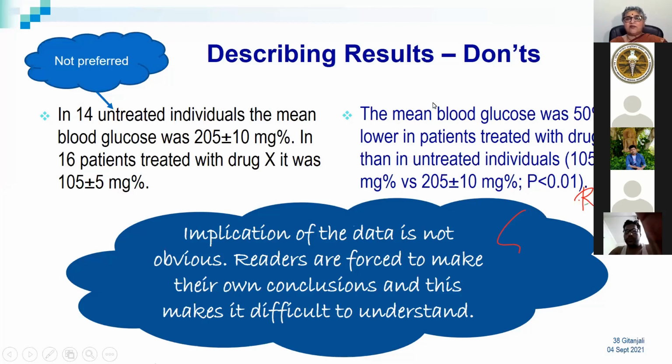Here it is very clear. When you give the patient drug X, the blood glucose falls by 50%. So this is why when you are writing a result, you must try to interpret, you must try to give the implication of the data which you write, which should become obvious when you are writing the result.